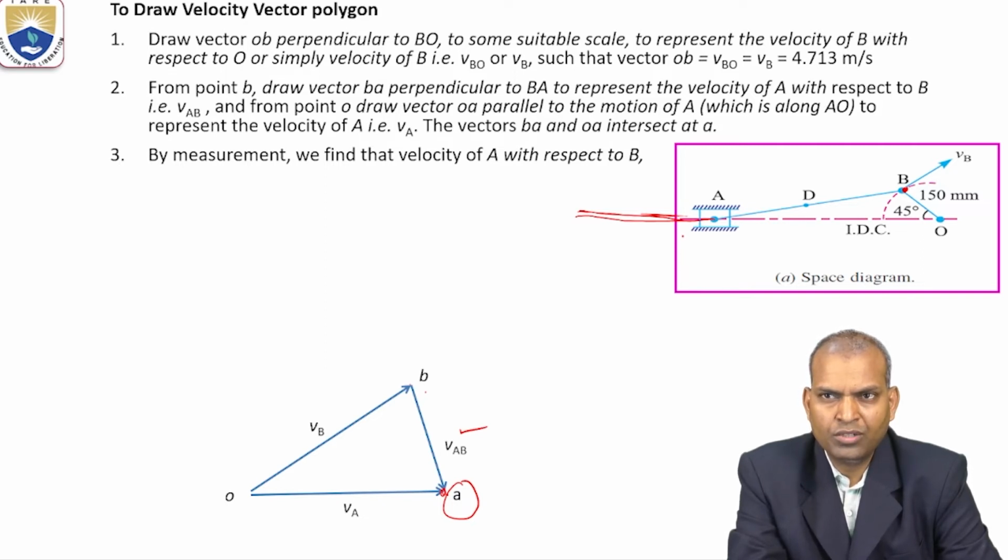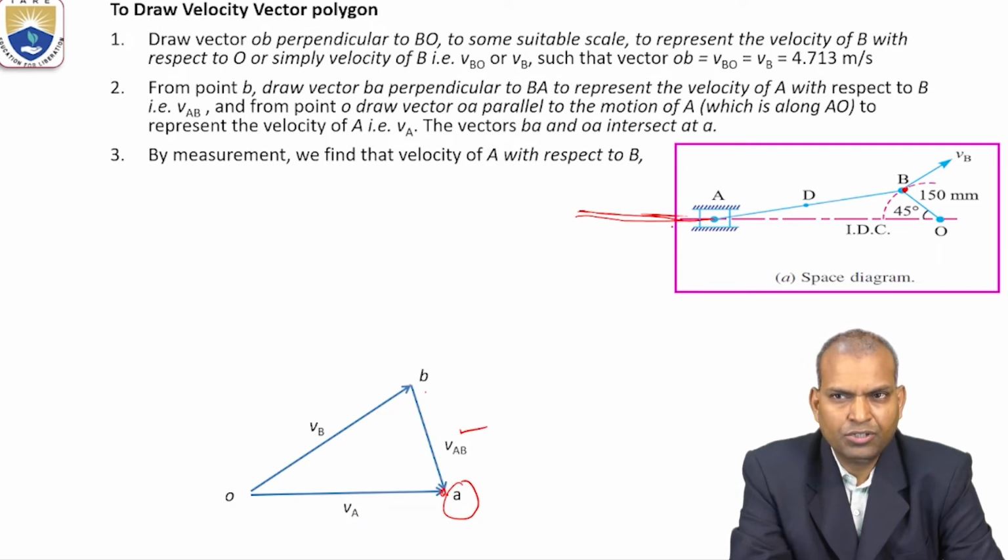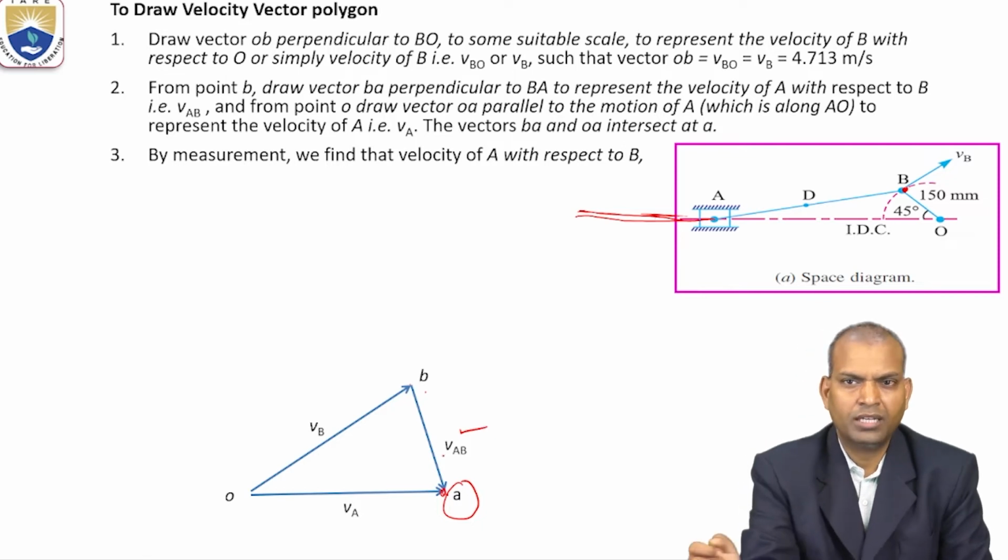The unknown values are those of the connecting rod and the slider. The connecting rod is AB and the slider is A. VA and VAB are found by using this velocity diagram.